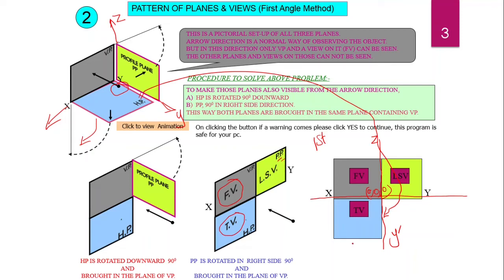This type of pattern of planes is there in first angle projection. Here, to make those planes visible from the arrow direction, first condition, HP is rotated 90° downward, and PP 90° in the right side direction. This is the procedure.